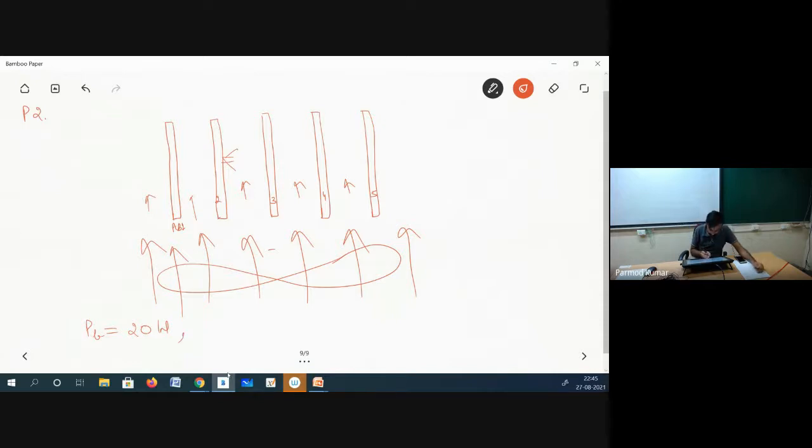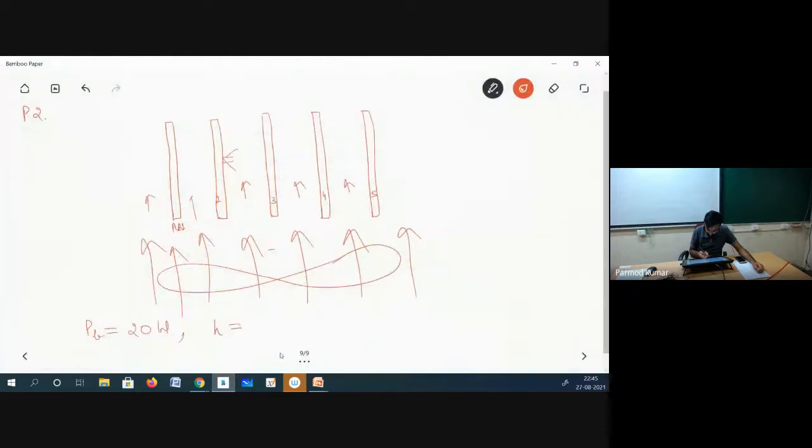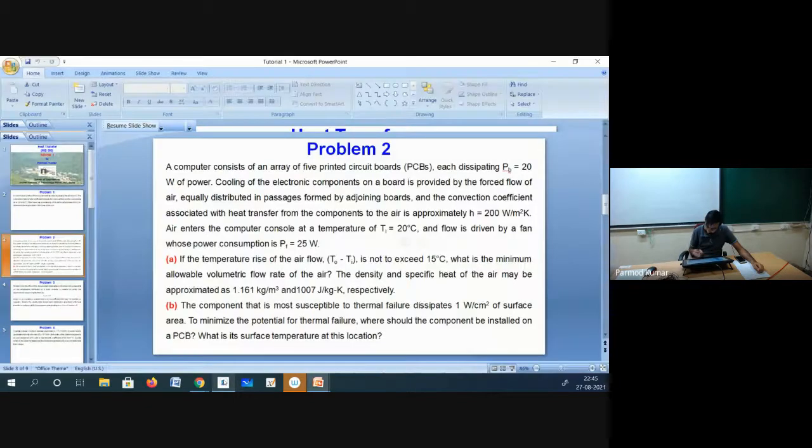So the heat transfer coefficient h is given as 200 watt per meter square Kelvin. Then it is given that air enters the computer console at a temperature of 20 degrees Celsius.